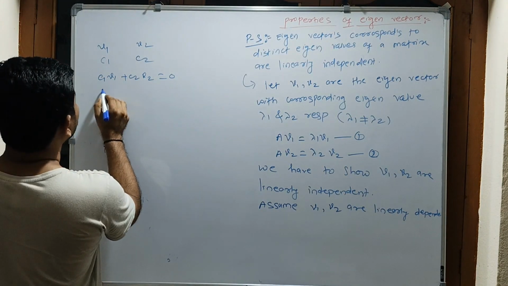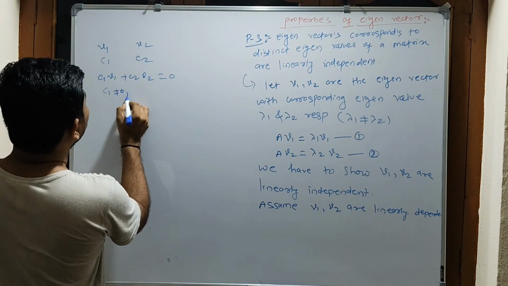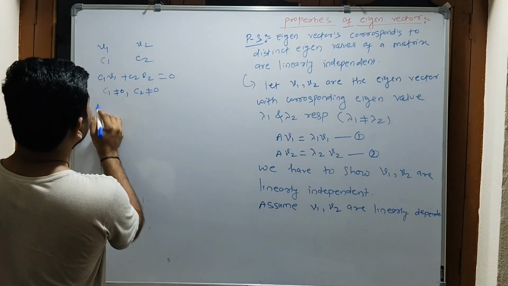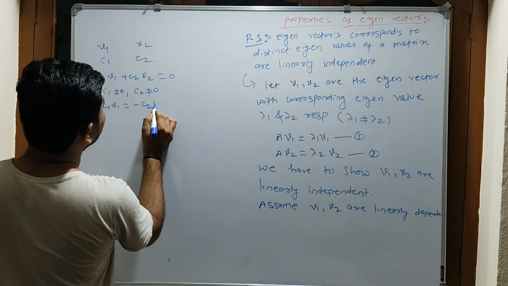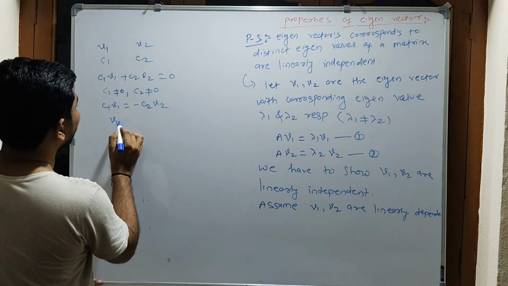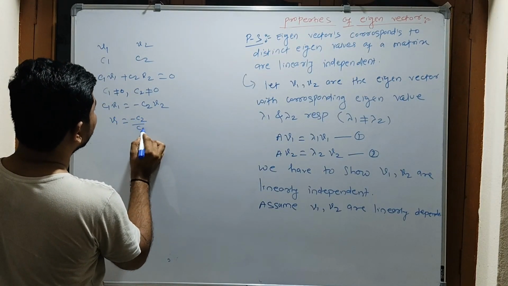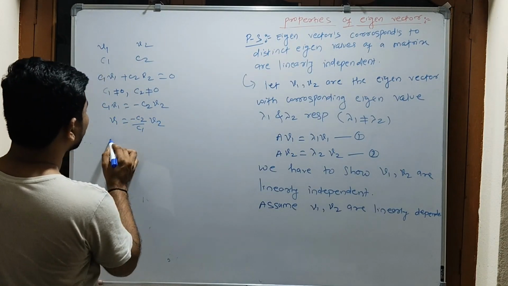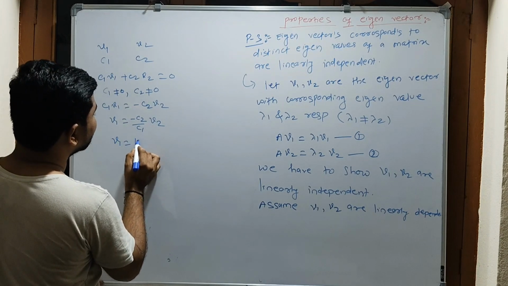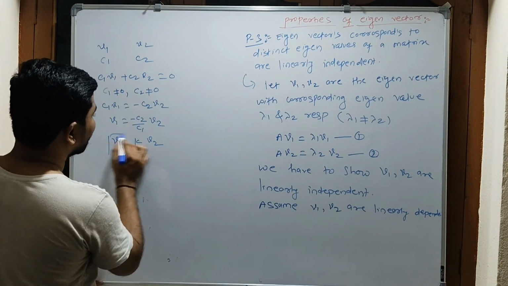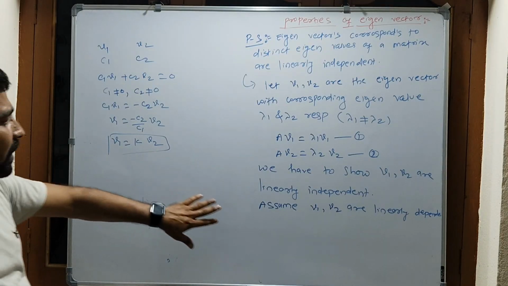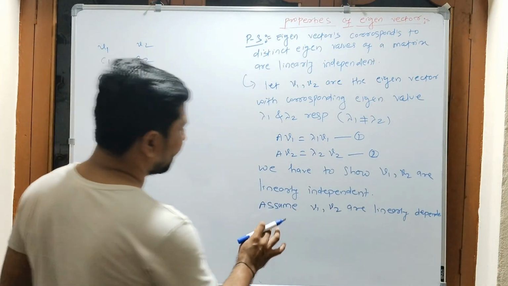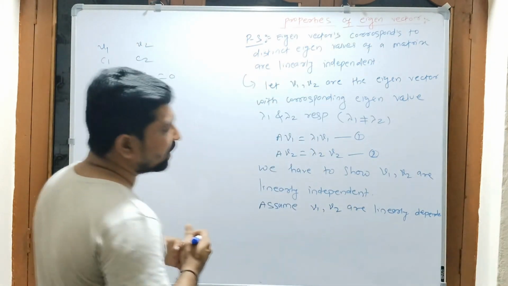Taking c1 and c2 non-zero, c1 v1 equals minus c2 v2, so v1 equals minus c2 by c1 times v2, which is v1 equal to some k times v2. This means one vector is a multiple of the other, as in the case of linearly dependent vectors.